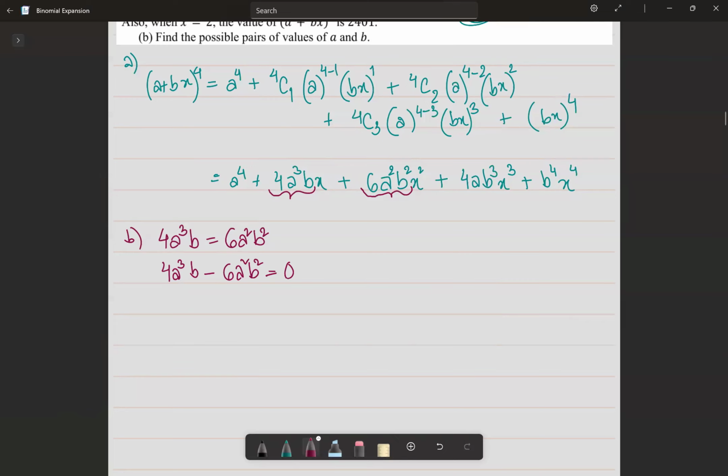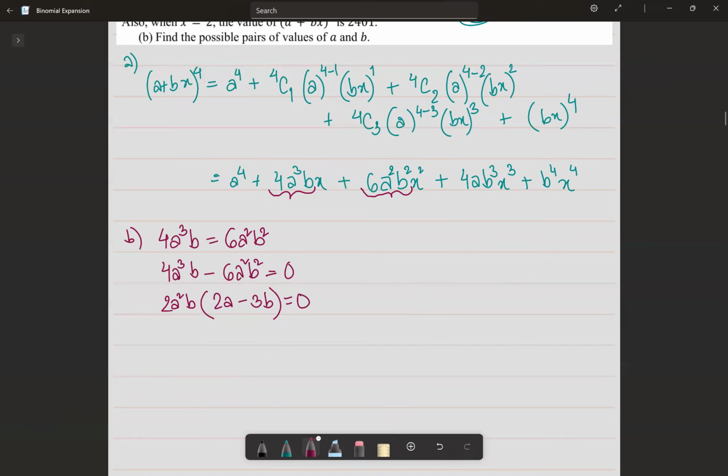We do not want that. So now we can take 2 common from 4 and 6. We can take a square common. We can take b common. So what are we left with? We are left with 2a minus 3b, and this is equal to 0.